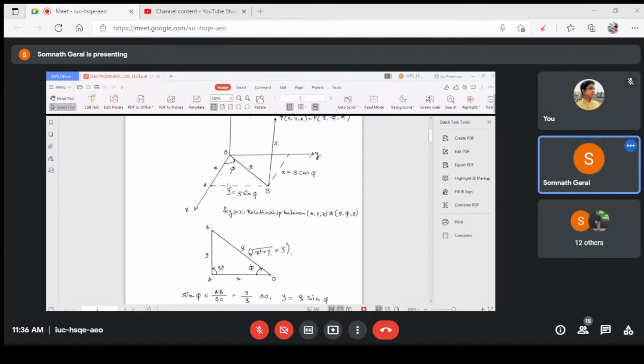Now OB represents the first coordinate axis of the cylindrical system, rho.